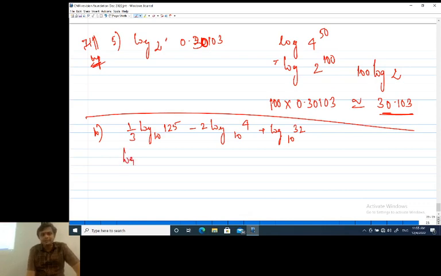So I can rewrite this as log of 5 cubed by 3 base 10, minus log of 2 power 2 the whole square, which becomes 2 power 4 base 10, plus log of 2 power 5 base 10.